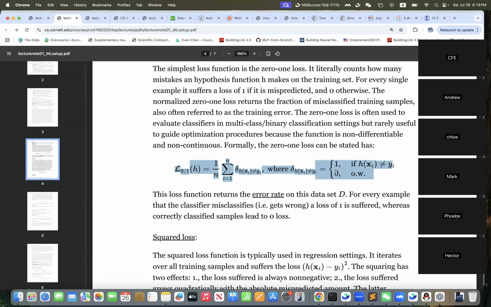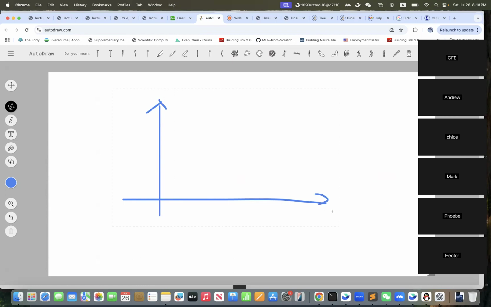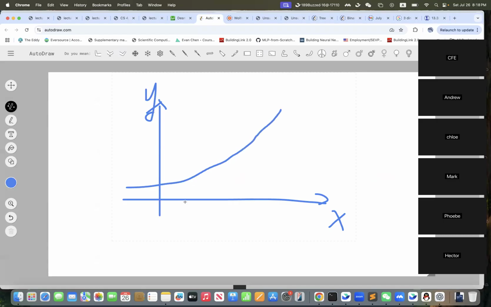Okay, yeah, let me draw. When you do calculus, you will see a function like this, where this is x and this is y. Our loss function is similar to this. When more data points are added, the loss function increases.